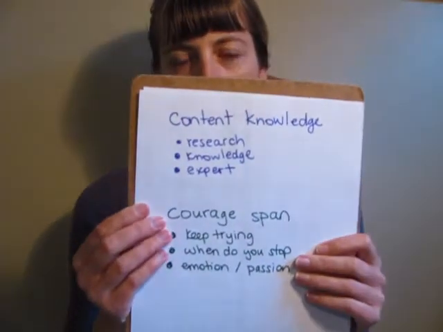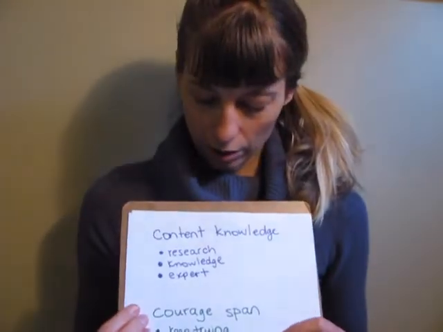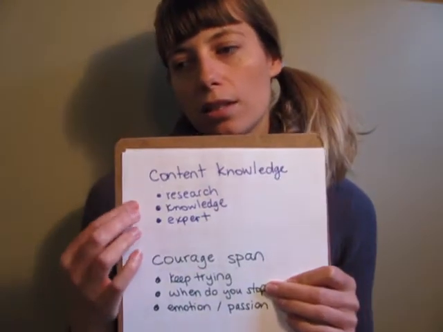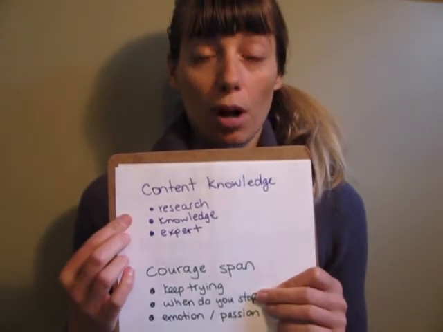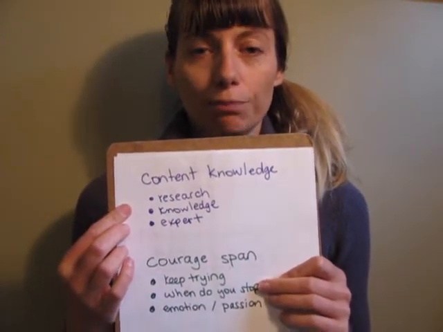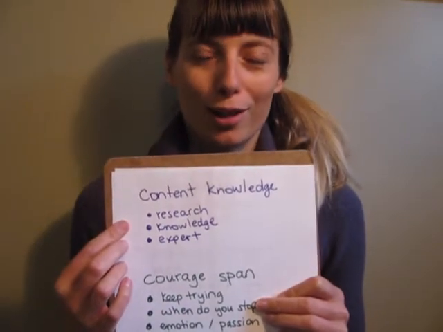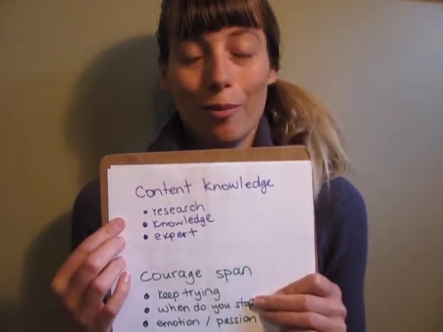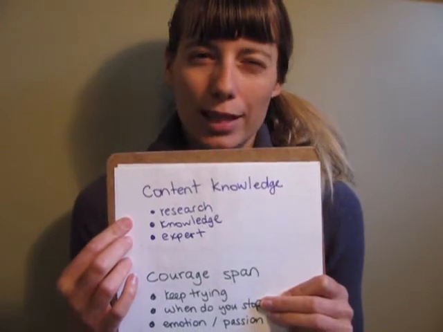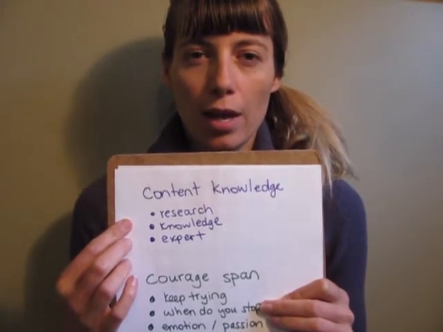And then I also feel that I looked at the strategy of content knowledge. This makes sense for problem solving: obviously the more knowledge and content you have, the more information you have about the problem, the easier it is to solve the problem.